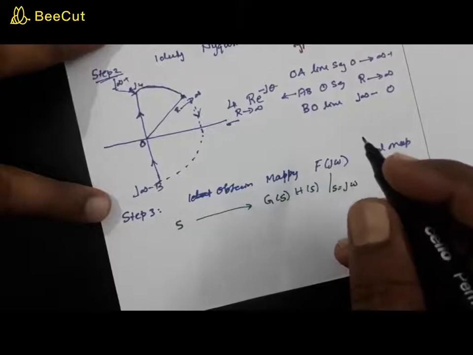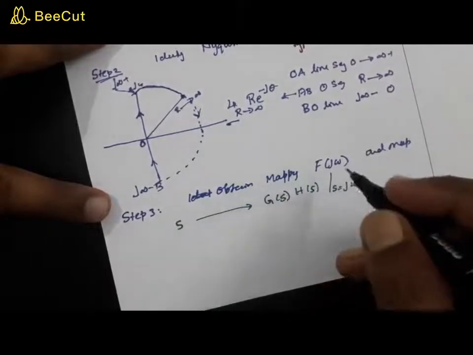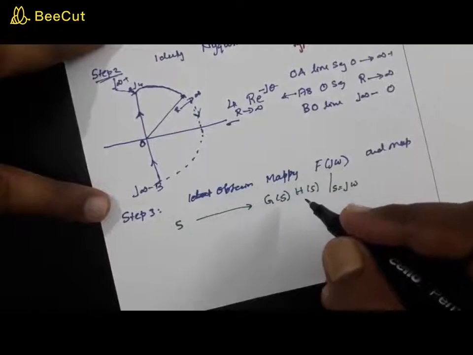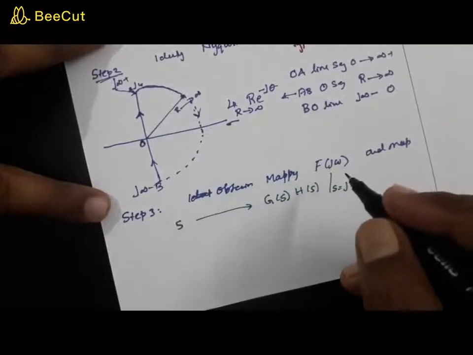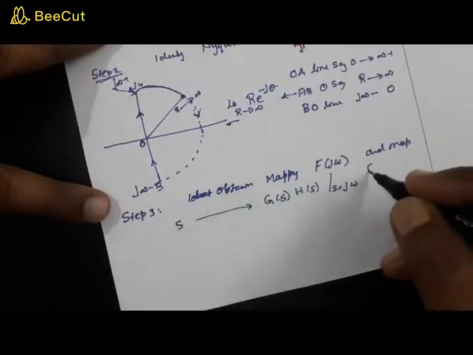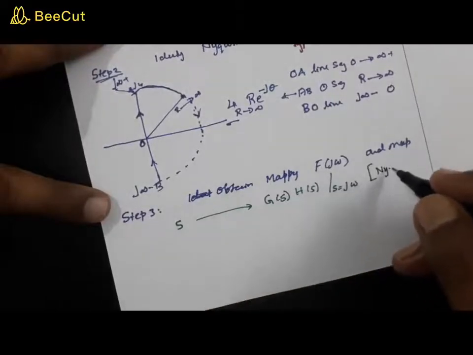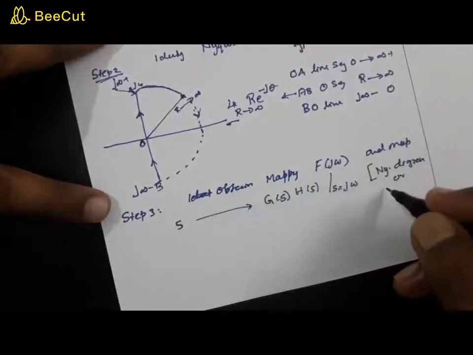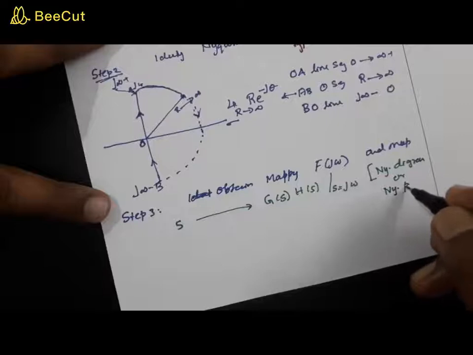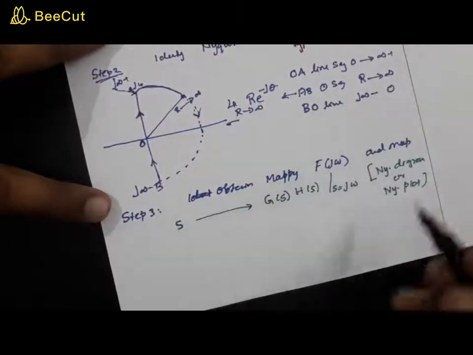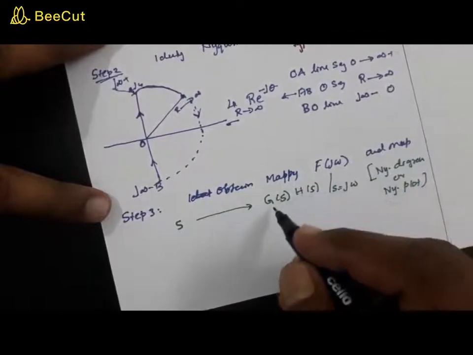So what you will get is called the Nyquist diagram, or the Nyquist plot. Sometimes you may be asked to obtain the Nyquist plot. So how do we get this function?